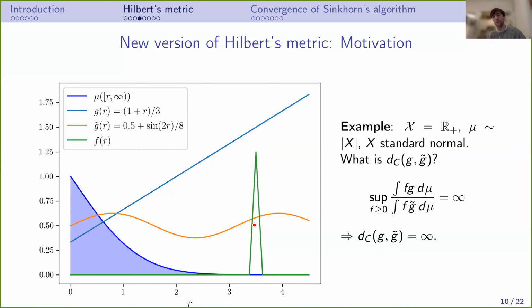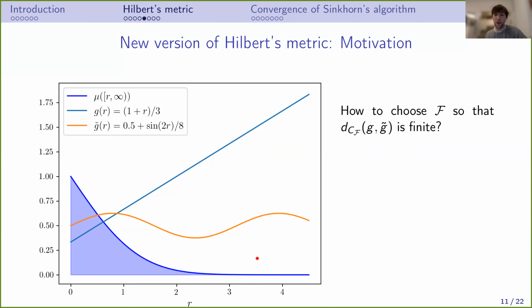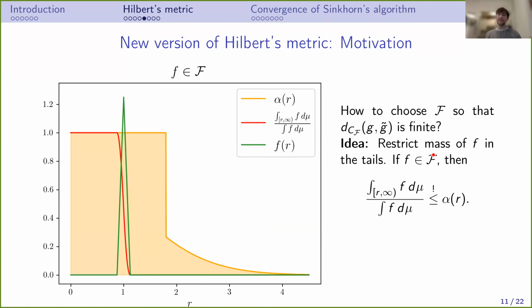So what we want to avoid is that these test functions can go arbitrarily far out into the tails. The question is how to choose the set F so that it is not possible to put this mass arbitrarily far into the tail. The idea is that we simply restrict the mass that f can put in the tail.